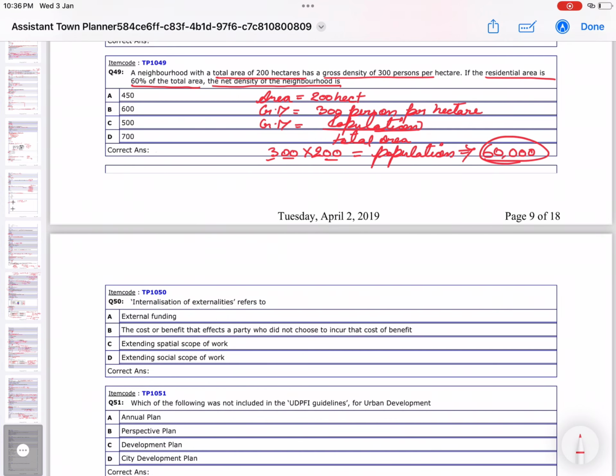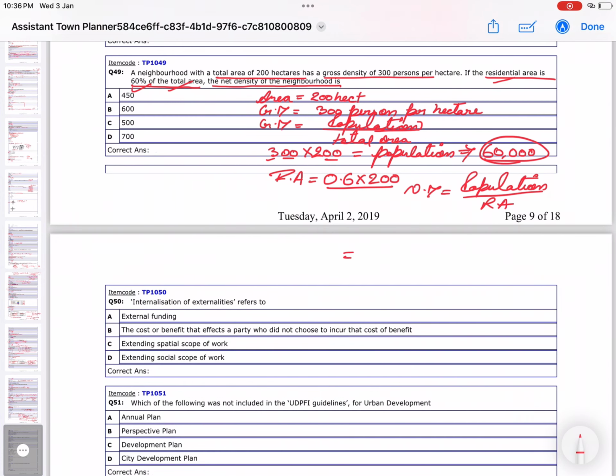Now they are saying 60% of the total area is residential area. So residential area equals 0.6 into 200. And what will be the net density? So net density equals population upon residential area.